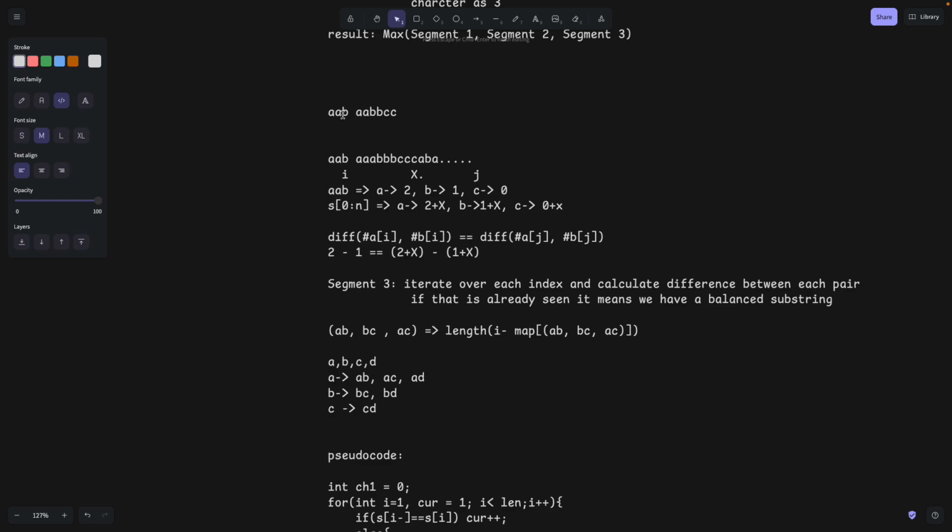and then we check for B and C if there is any. So we again iterate over, and then we check if B has a character but there isn't any for C, so we reset it again.